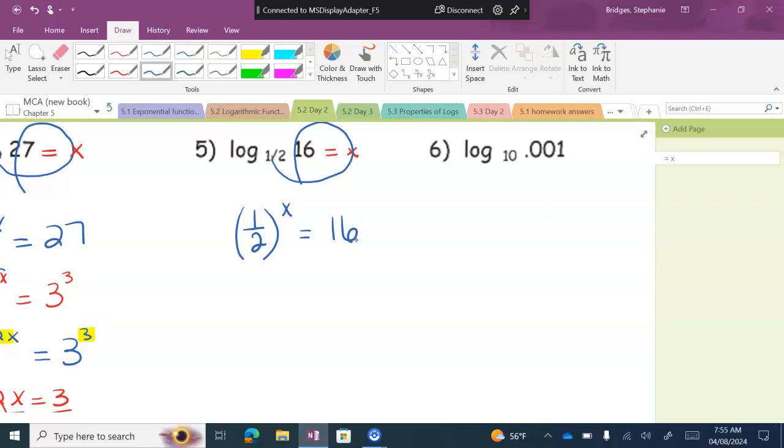And now that we have the same bases, we can just drop the bases, set the exponents equal. And what would I need to do to solve here? Divide by negative, yeah. So this time x is going to equal negative 4. Okay, so that log is going to simplify to be negative 4.